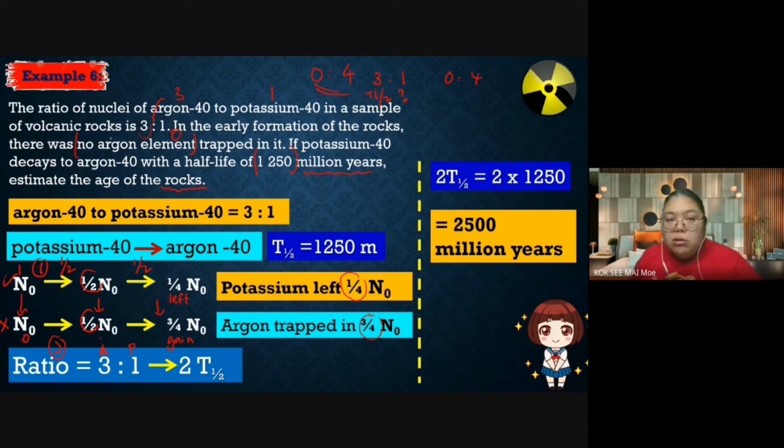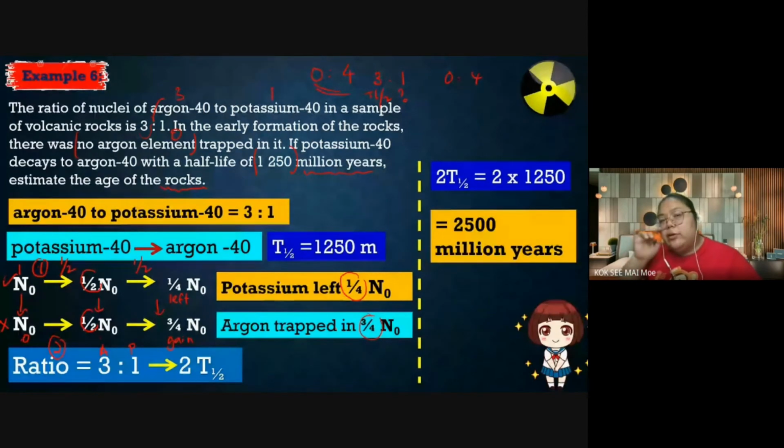This one is the same. When starting, the rock doesn't have any argon, argon is 0 inside there, and it has potassium. The potassium passes to the argon. One half-life is 1,250 million years. Now I want to pass the potassium to the argon until the ratio is 3, meaning the argon takes 3 parts from the potassium. So they need 2 half-lives, which means the age is 2,500 million years.